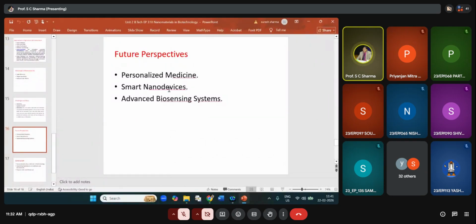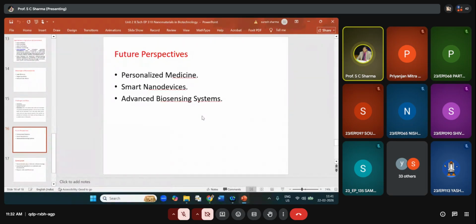Future perspective: personalized medicine, smart nano devices. A phone is also a smart device, a nano device, because you can use it as a computer, as a television, as a signal detector. So this is also a smart nano device kind of.